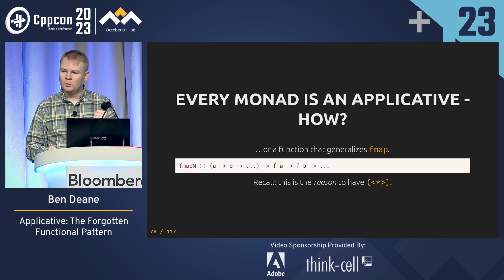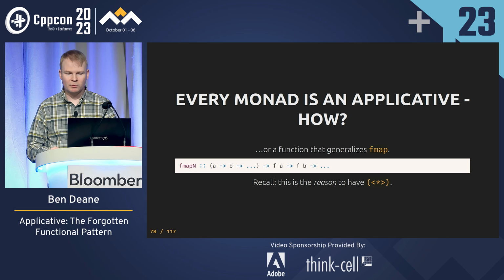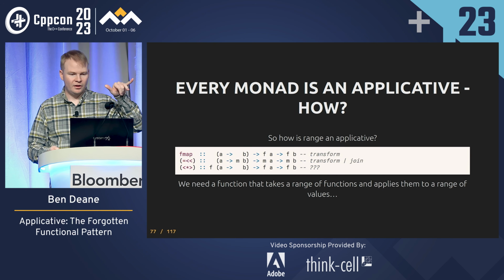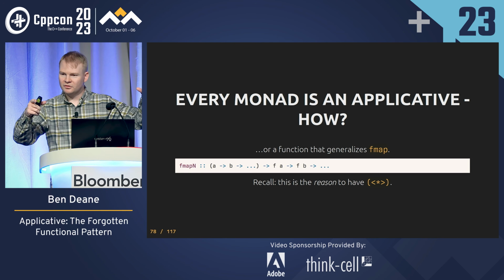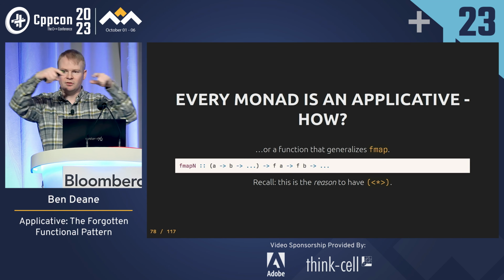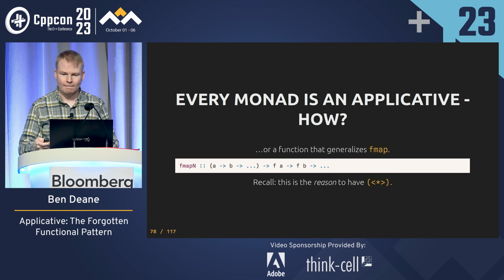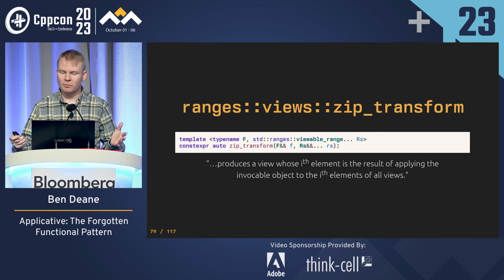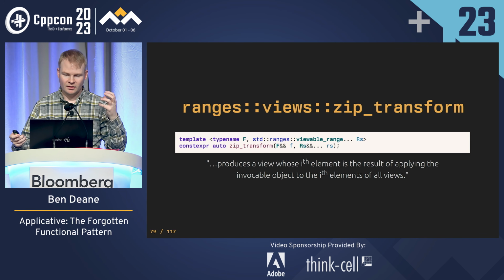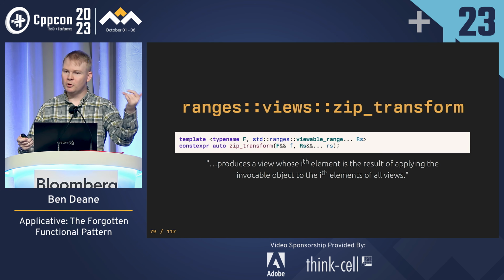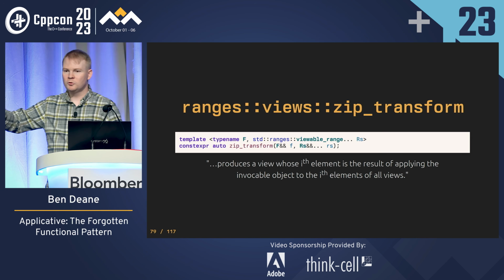Well, we have a function in C++ that takes a range of functions and a range of arguments and applies the functions to the arguments. Zip transform might spring to mind for several of you. And this is applying a function of multiple arguments over multiple ranges.